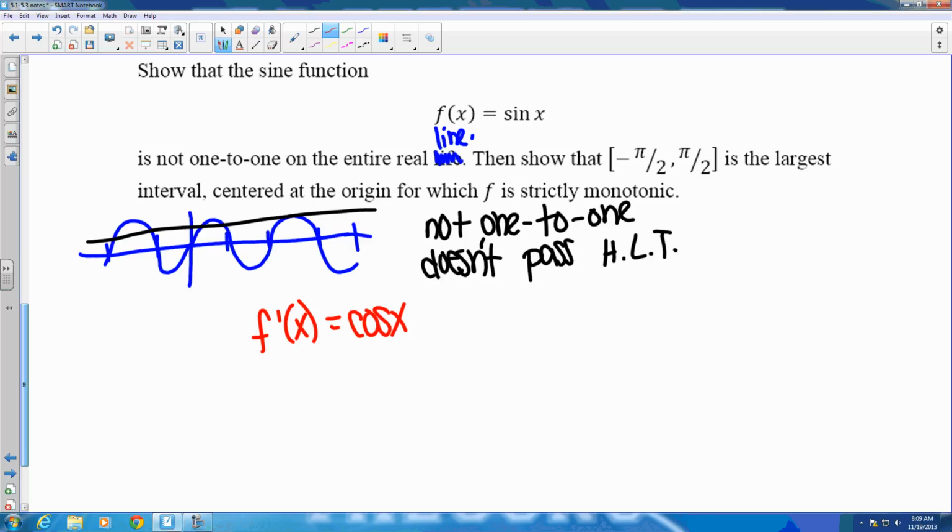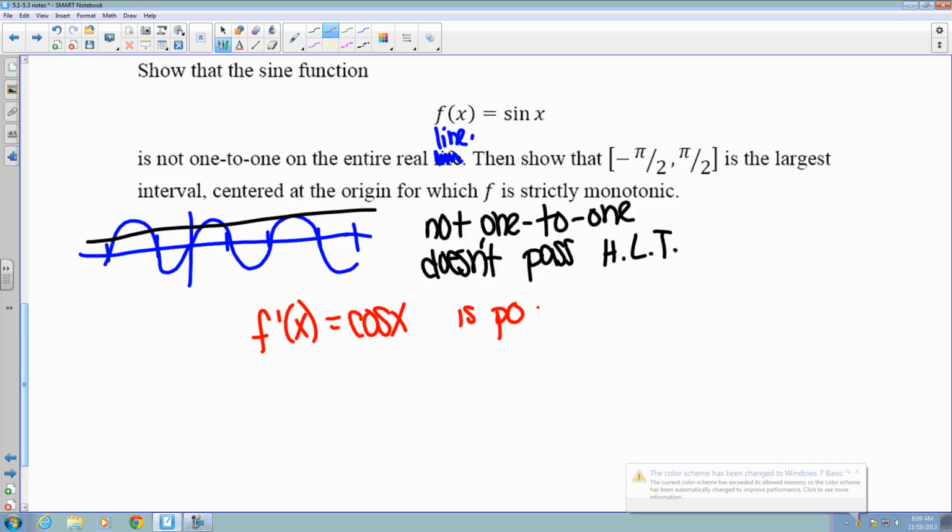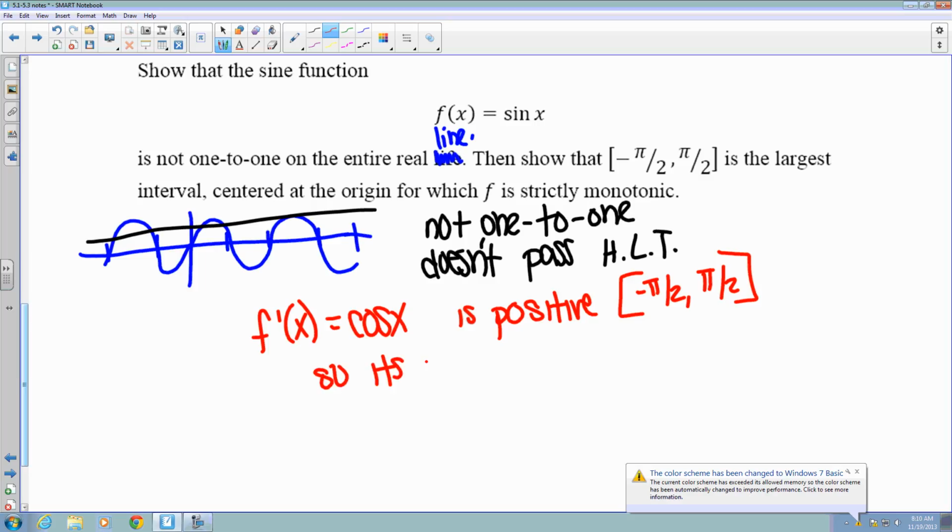So if we tested, we can see that cosine is positive the whole time from negative pi over 2 to positive pi over 2. So it's monotonic, increasing. It could be monotonic increasing or decreasing, so I wanted to be a little more specific.